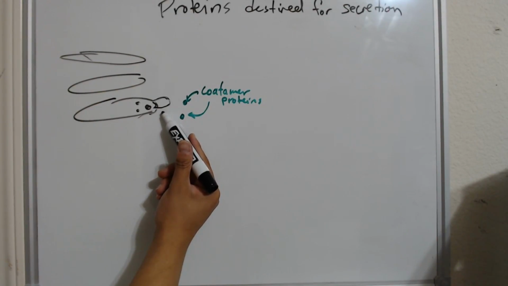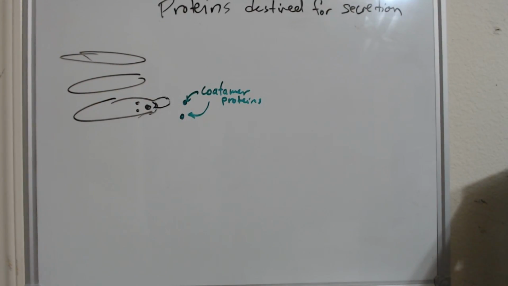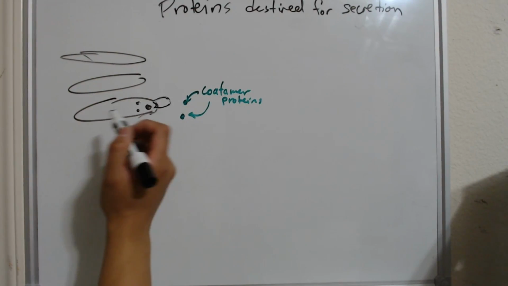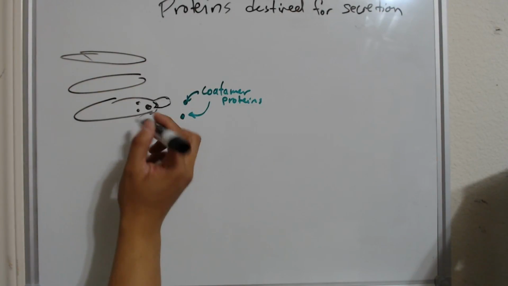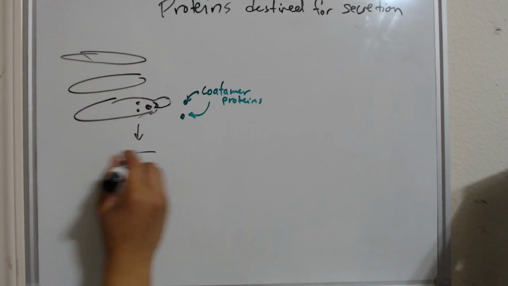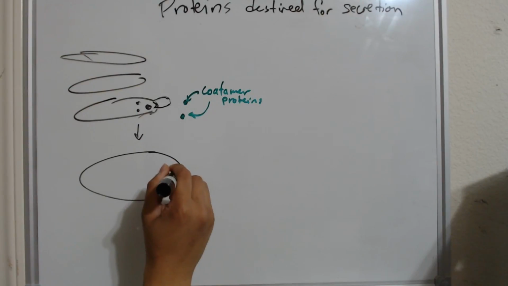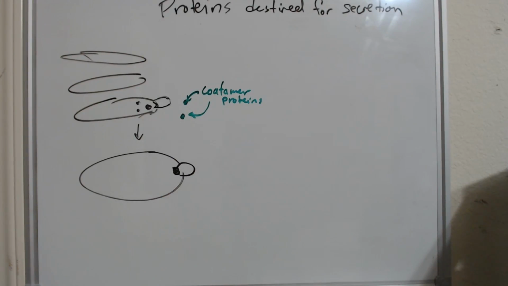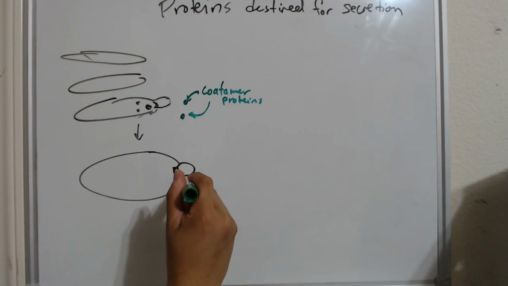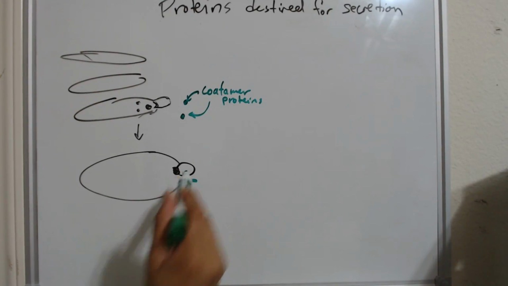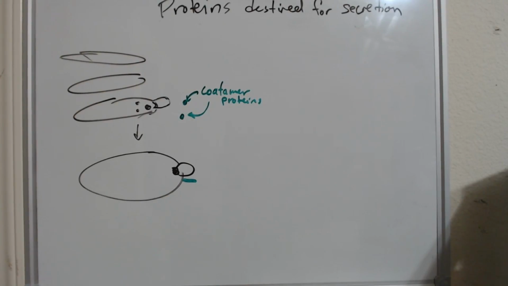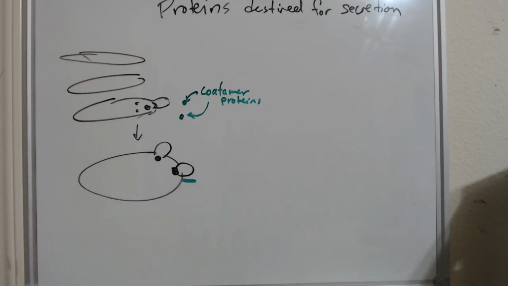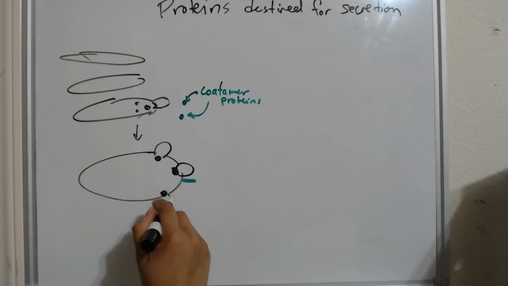Something, I don't know if that's called a receptor, where the protein that we made will attach to it. And once the protein, let's say, attaches to the receptor, then that will make the coatomer protein also attach here. And then let's say that happens a couple of times.